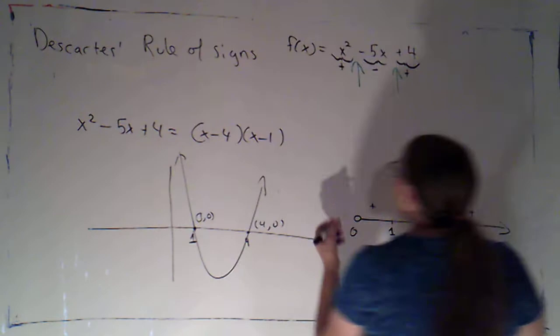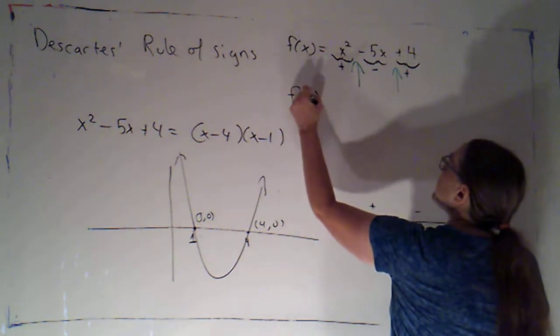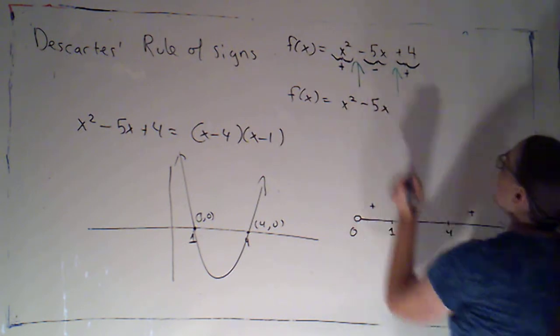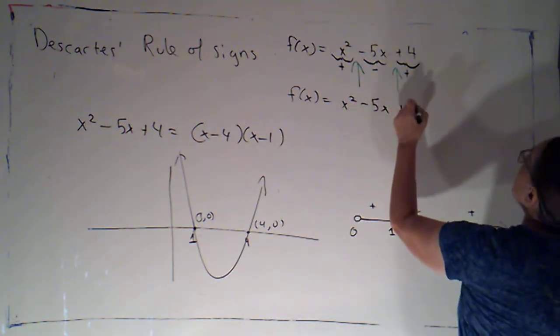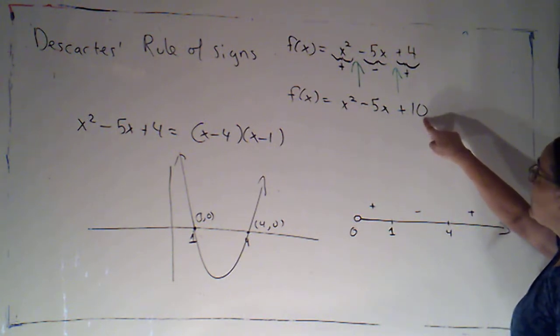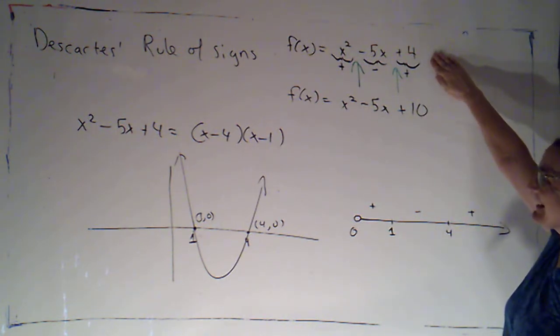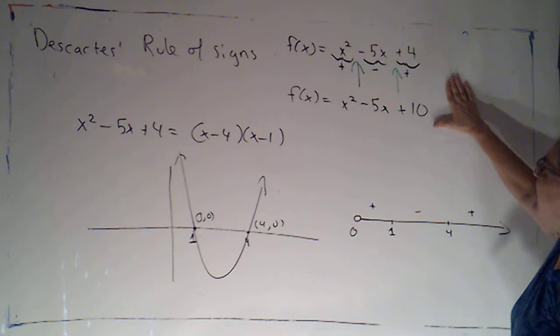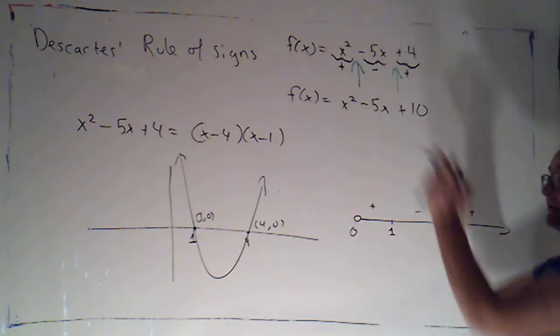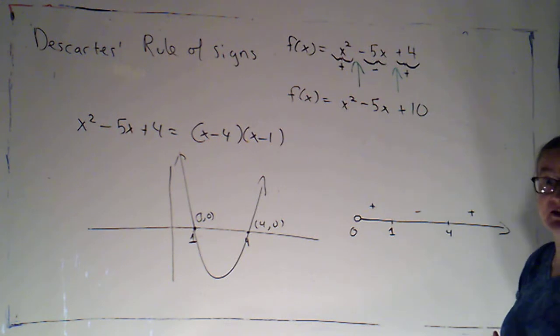Okay, now let's suppose I looked at f of x equals x squared minus 5x plus 10. Now, I know what I'm doing there is I just added 6 to this. Okay. And so I'm just doing a vertical shift of this up 6 units.